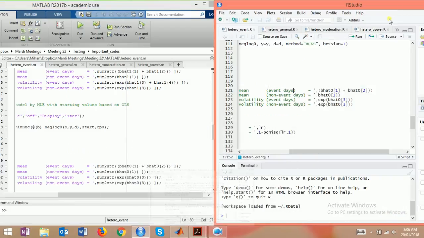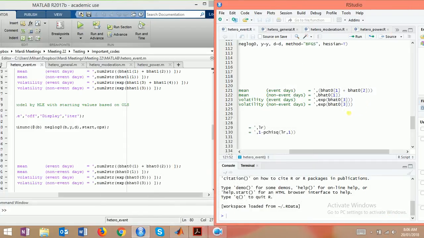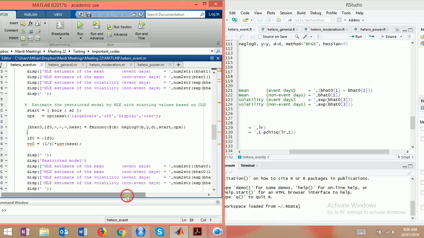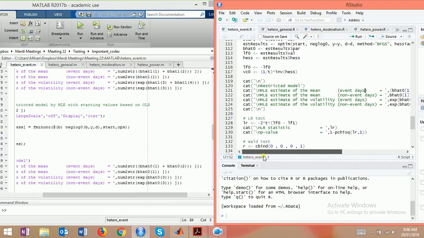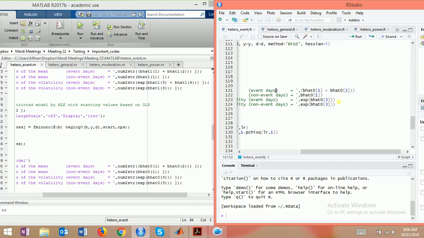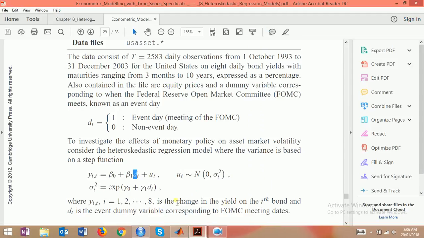So let's see what they're trying to do. Beta naught and beta 1, beta hat naught and beta hat 1, 1 and 2. Okay, just like before, only in case of volatility they remain the same for event and non-event days, because here the restriction is against this, not this, right?